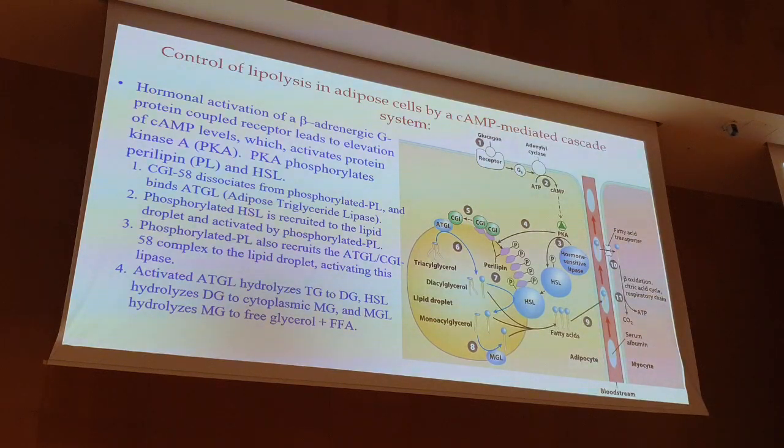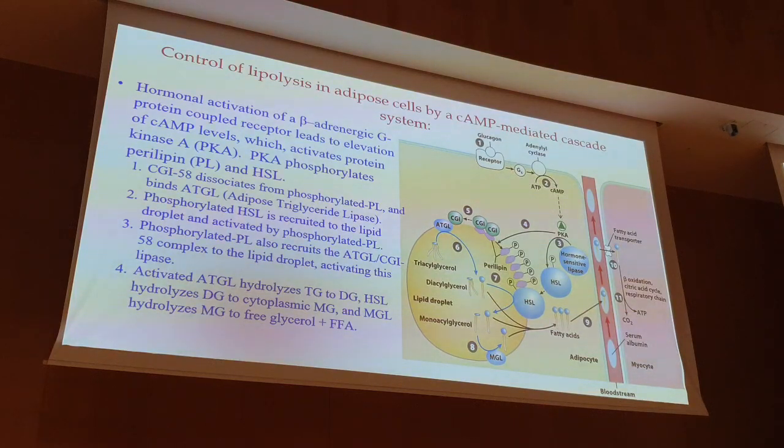That's adipose triglyceride lipase, ATGL. Remember, that's the first stage. It will take the triglyceride and convert it into a diglyceride. At the same time that enzyme is working, you now need to activate hormone-sensitive lipase. How do you activate hormone-sensitive lipase?